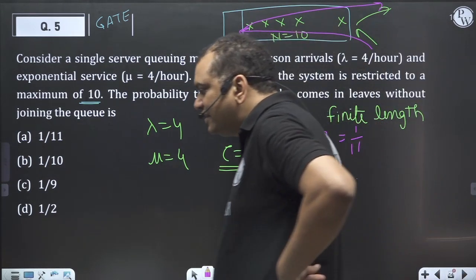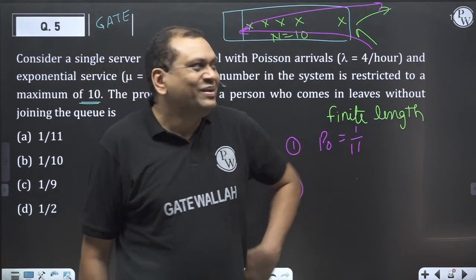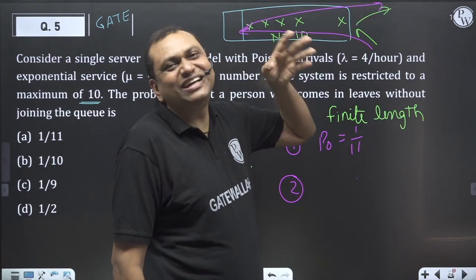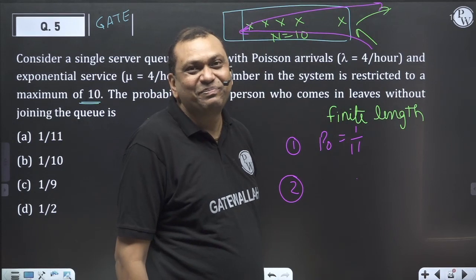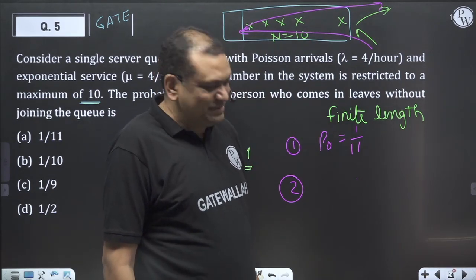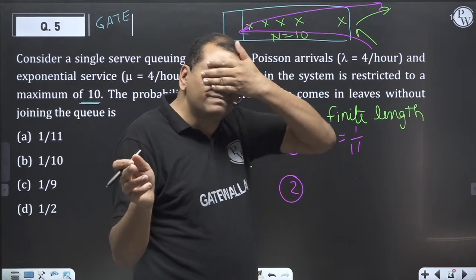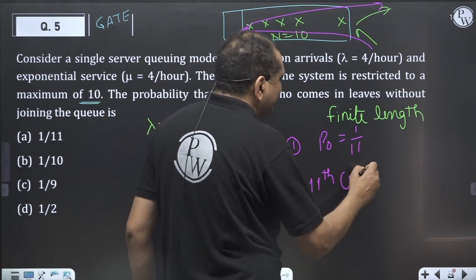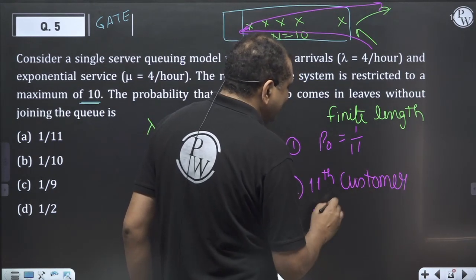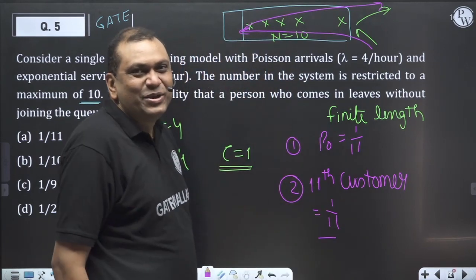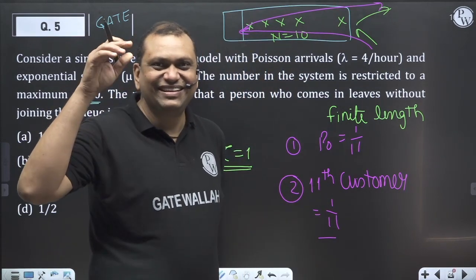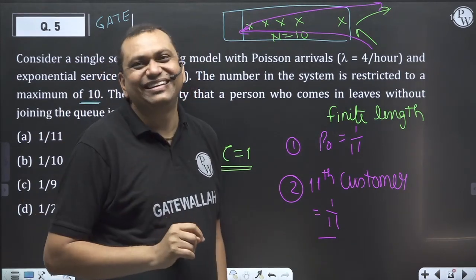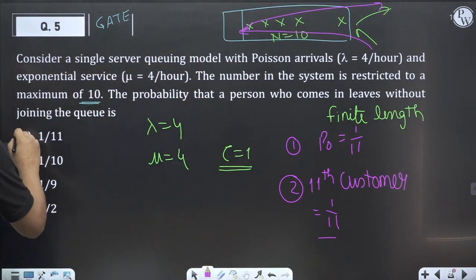Second is, when the person comes and finds that doors are closed, I cannot join the queue. So he will not join the queue and without service he leaves. So the probability of the 11th customer not joining the queue, doors are closed, so he goes away, is also 1 by 11. So anyway, the answer is 1 by 11.